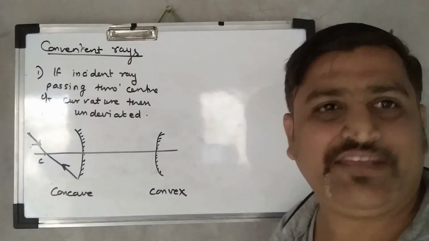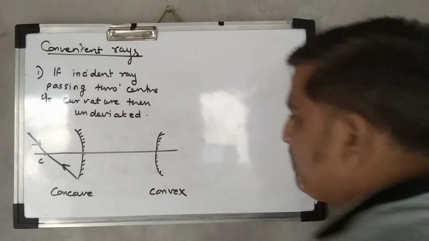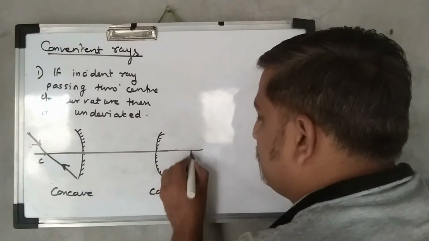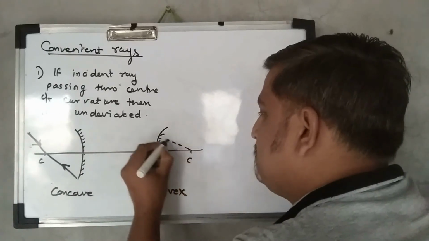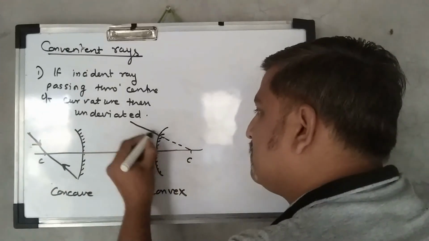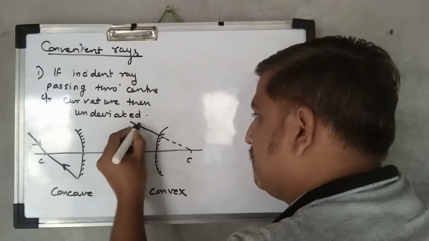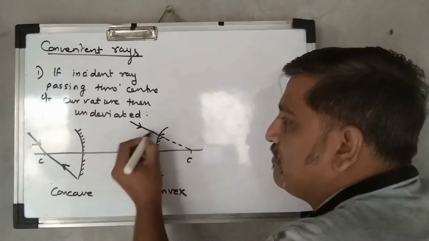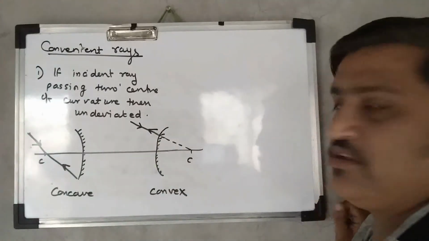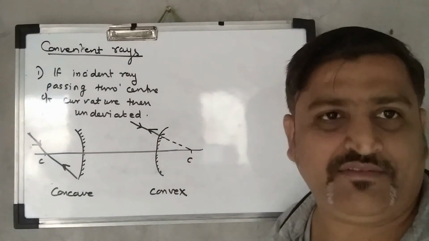It does not get deviated. Okay, here the center of curvature is set. If the ray of light seems to be incident through the center of curvature, after reflection it passes undeviated.